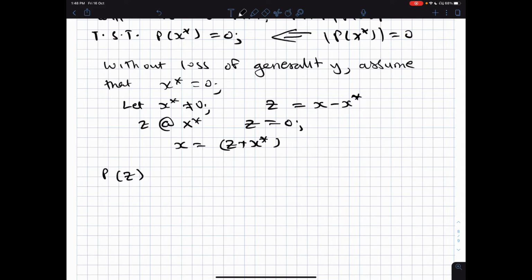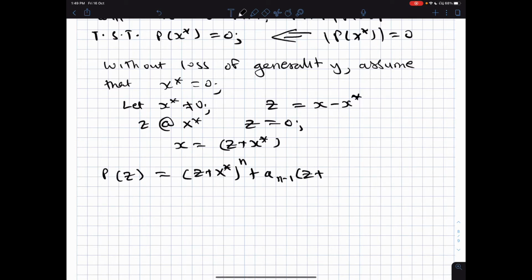I am still using p only as the symbol, and this will now become, first term is x to the power n, so it will become z plus x star to the power n, because x to the power n is going to be this. Then my next term was a n minus 1 x to the power n minus 1.